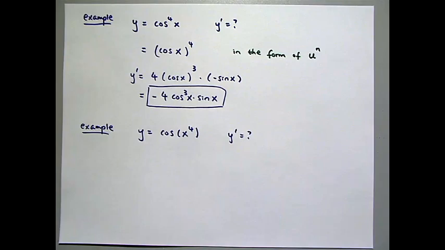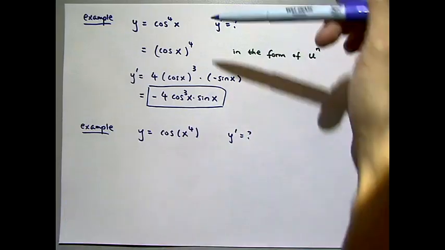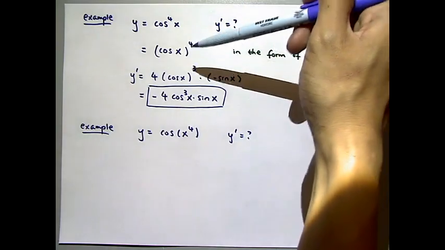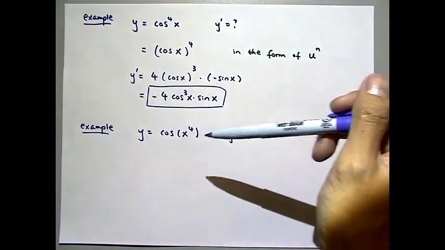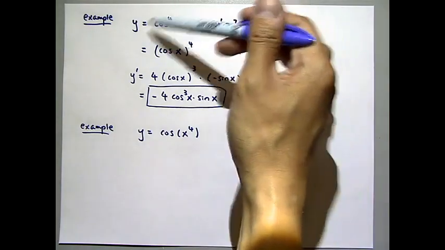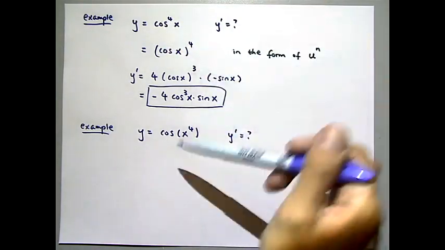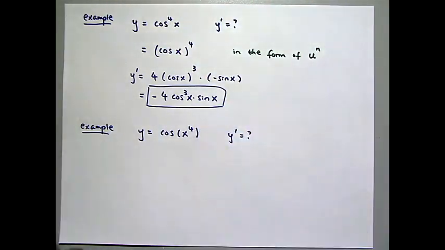This time, what this means is that we have the function cosine of x to the 4th. The power of 4 goes with the x as opposed to cosine of x. So be very careful with how we write trig powers. The 4 with the trig function means this. The 4 with the variable means cosine of that thing.